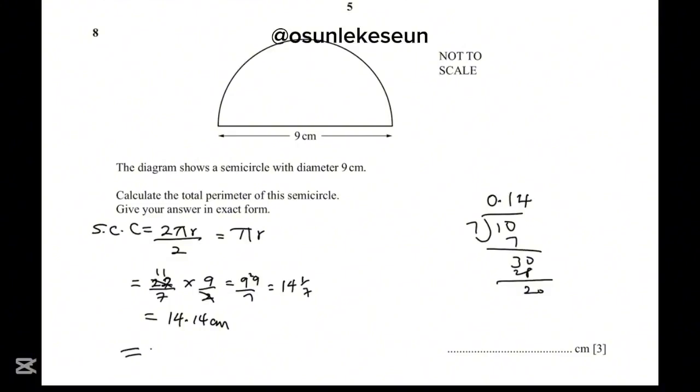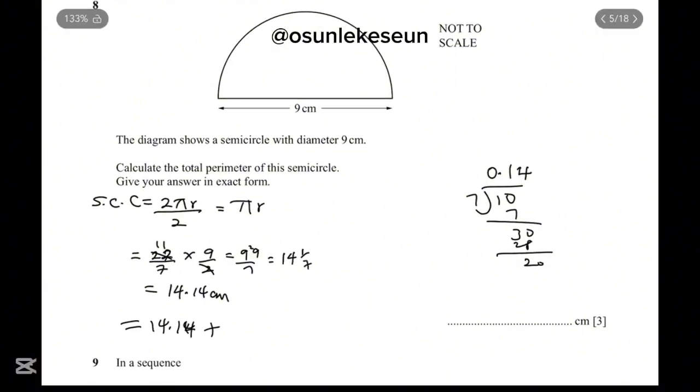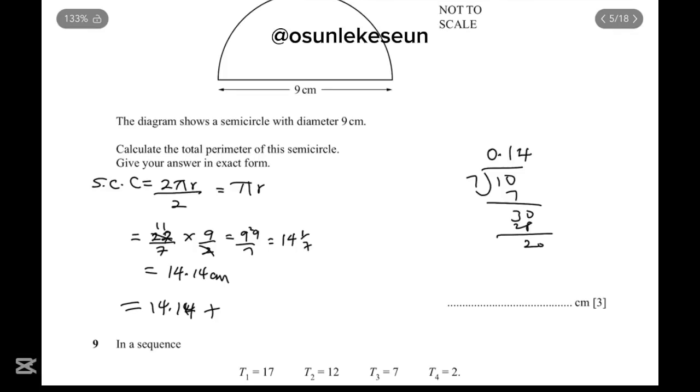So we can now add this 14.14 centimeters to the 9 centimeters so that we can find the perimeter of the semicircle. So 14.14 plus 9 is going to give us 23.14 centimeters. So in this case, our answer is 23.14 centimeters.